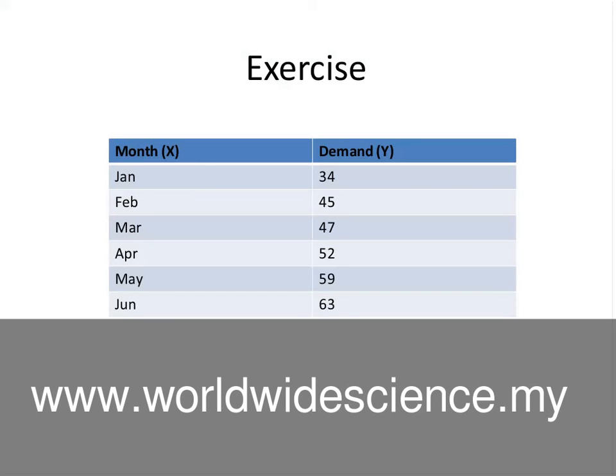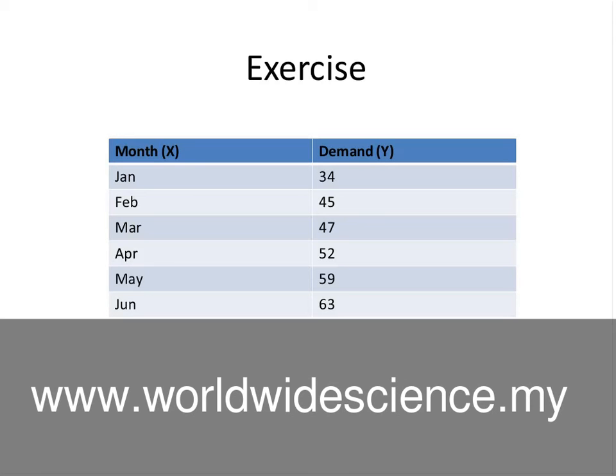X is month. But we cannot replace it with January, February, March, because those are clear. We should replace it with months after June, for example July, August, September, October, where we don't have the demand. In this equation, X is also months.